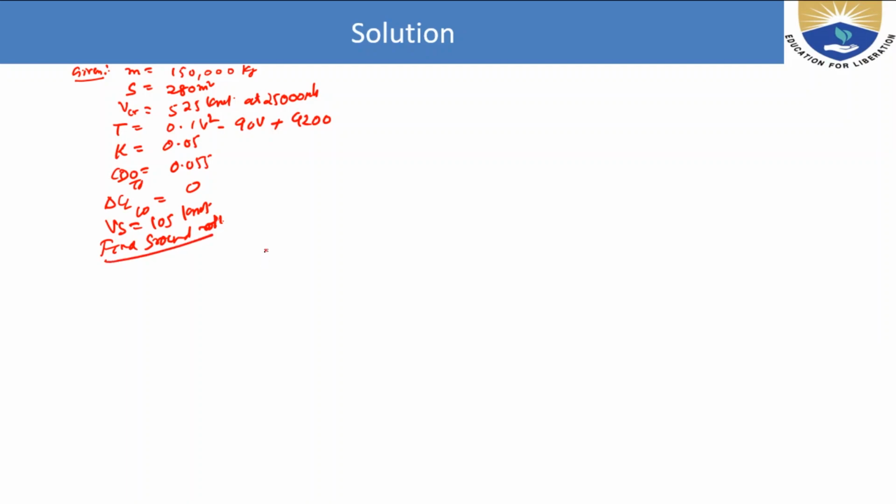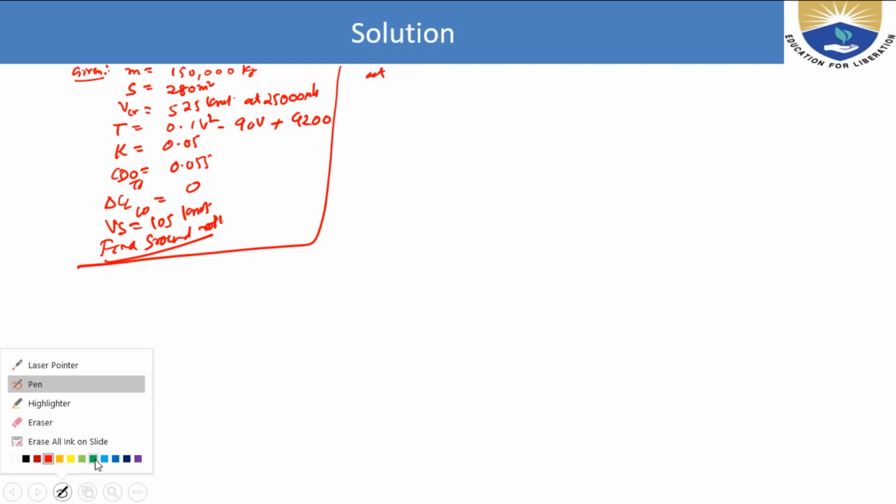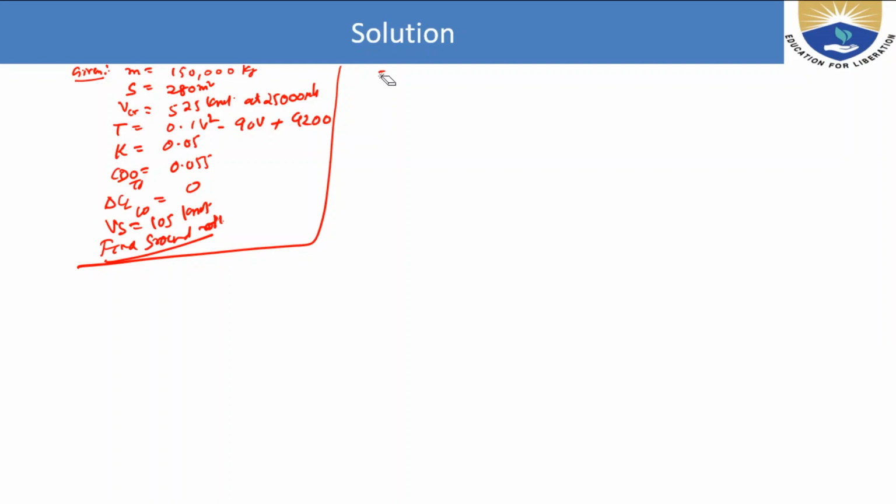And we know that we have to find out at 25,000 feet, rho is equal to 0.55 kg per meter cube, from the table.